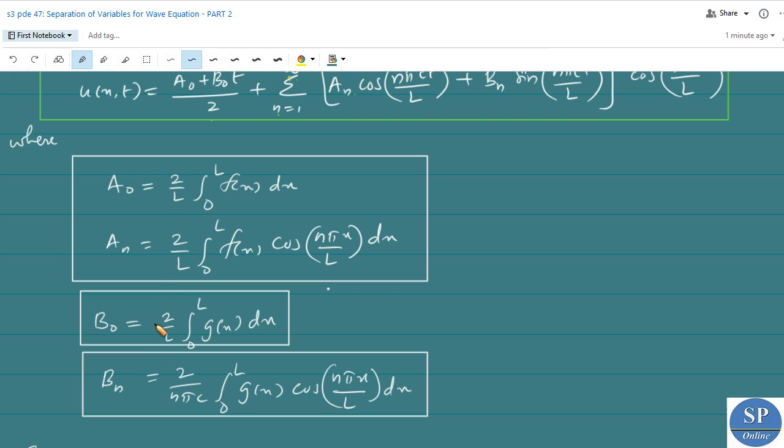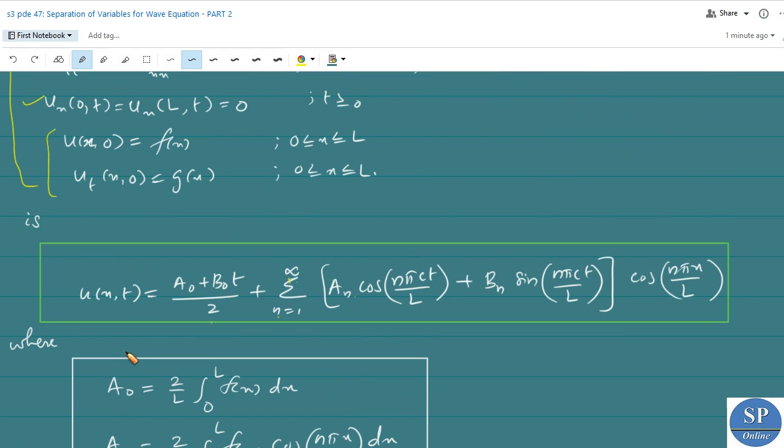Clear? So once we obtain the coefficients an and bn, we can write the solution.